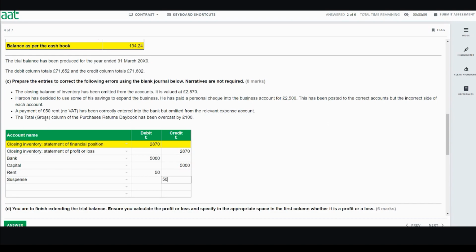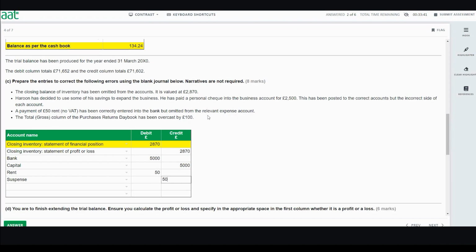the total gross column of the purchases returns daybook has been overcast by 100. So the total of a purchase returns daybook is posted to the payables ledger control account.